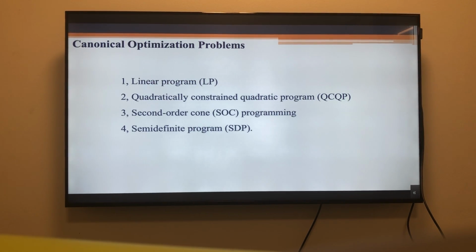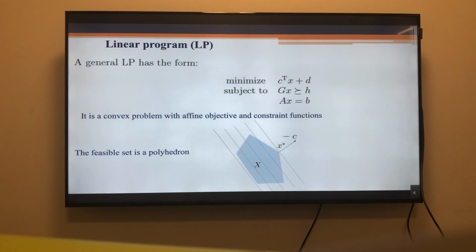Next, I would like to talk about some canonical optimization problems, including the first one, the linear program, the second one, the quadratically constrained quadratic program, the third one, second-order cone programming, and the fourth one, the semi-definite program.